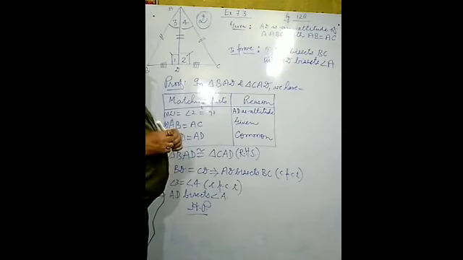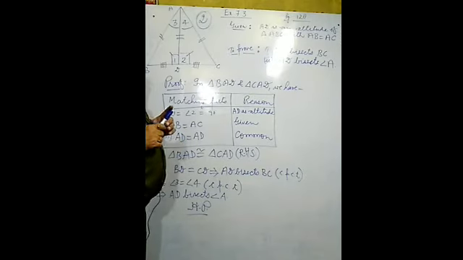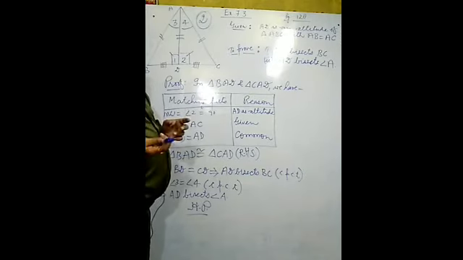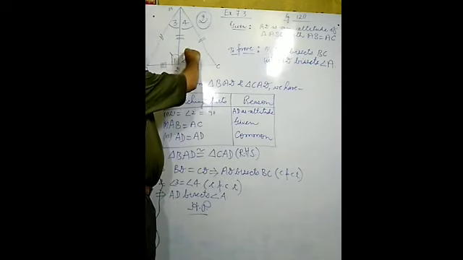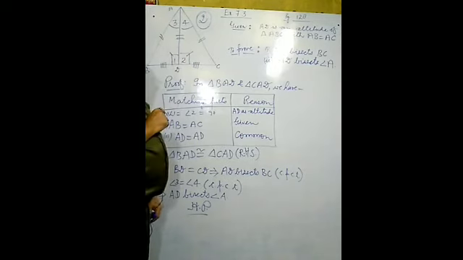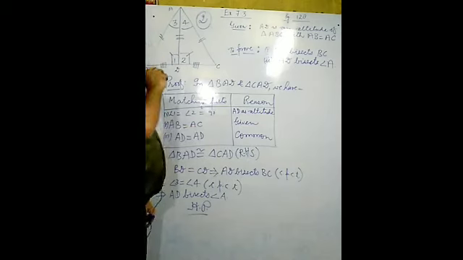So which criteria is adopted here? The RHS congruency condition is adopted. Right angle, then opposite to the right angle is the hypotenuse, then one of the sides of the triangle. So firstly this right angle 90 equals this 90, then their opposite sides are also equal.